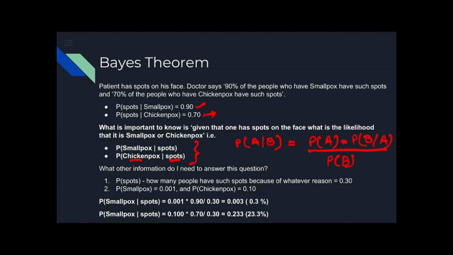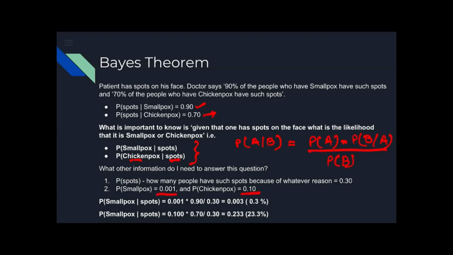Now, if we say A for smallpox and B for the spots on the face, we'll take two different computations, each for smallpox and chickenpox. Again, we apply the same thing. So what's the P(A) here? P(A) is nothing but the probability that a person is having smallpox, and that is given here.